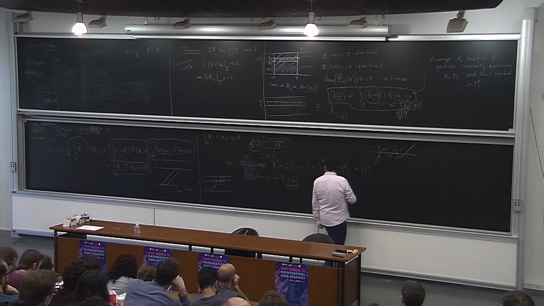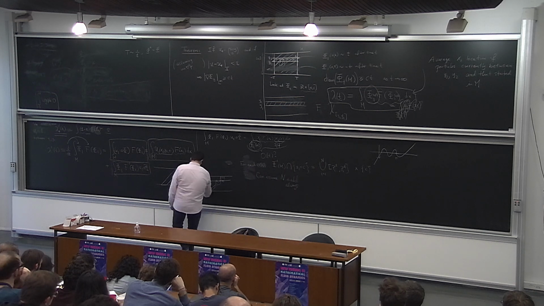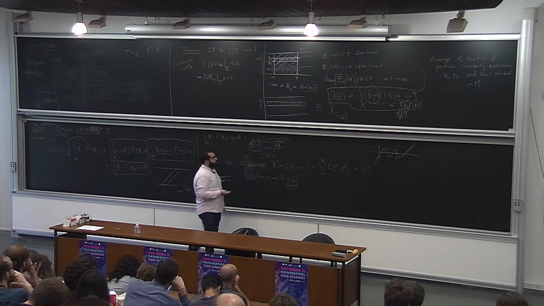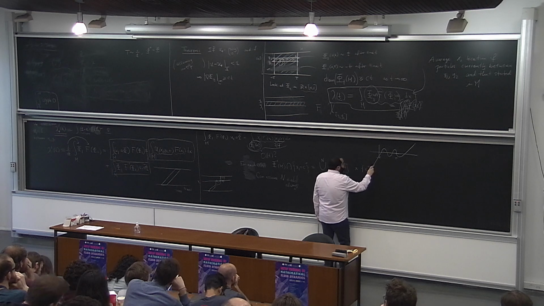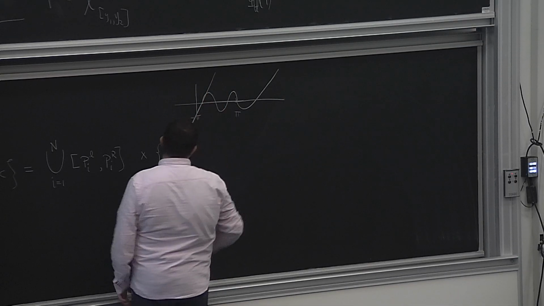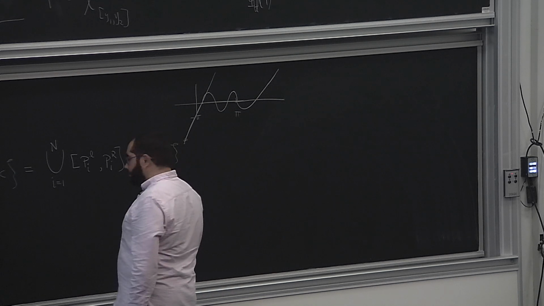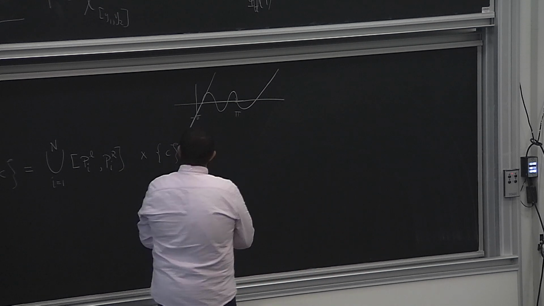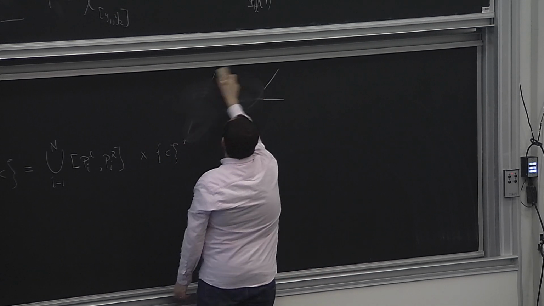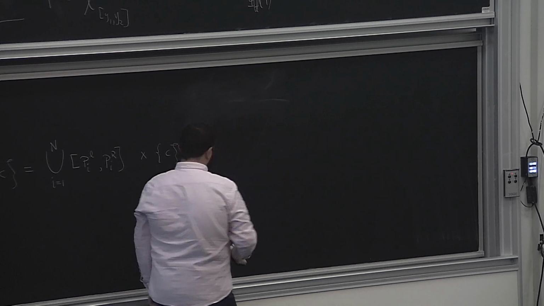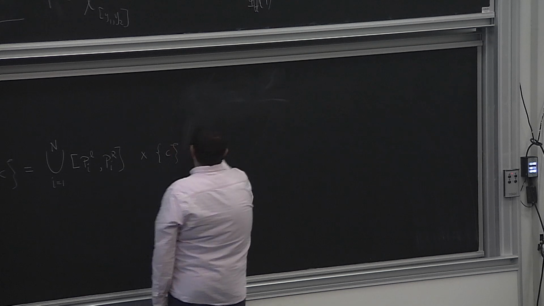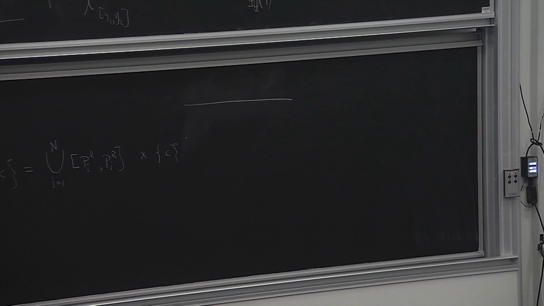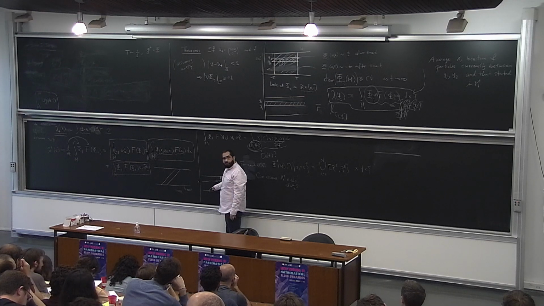So these curves are connecting the bottom to the top, right? These are sides of the domain, which are 2 pi translations of each other.